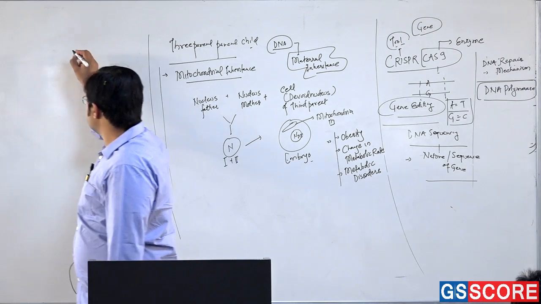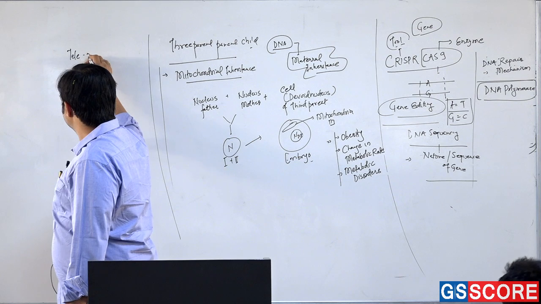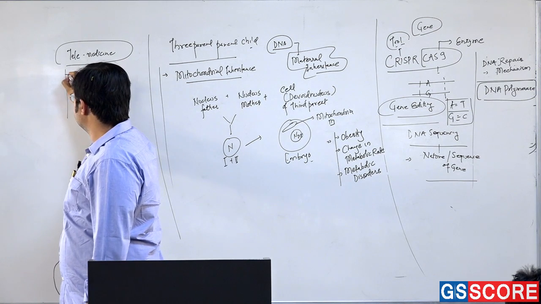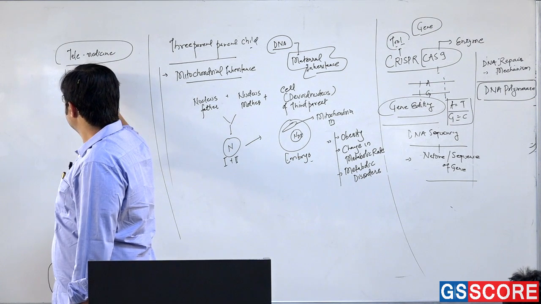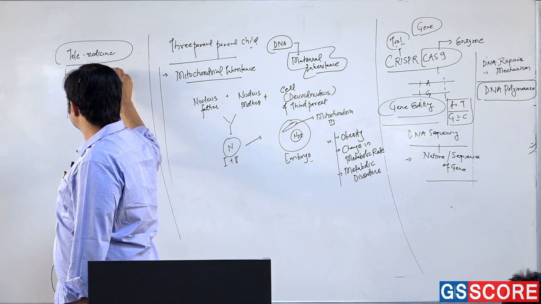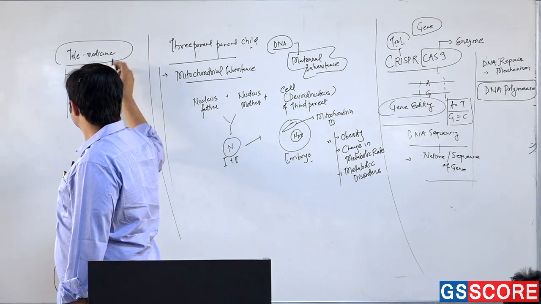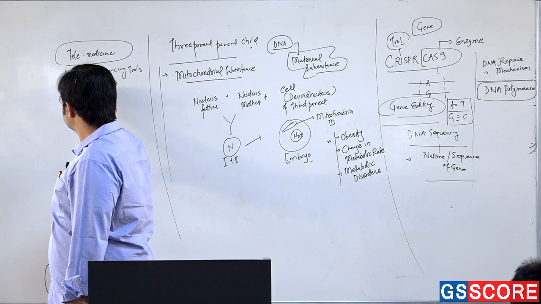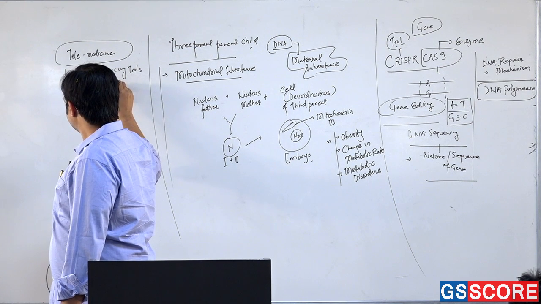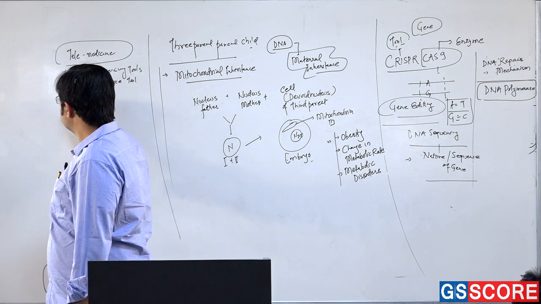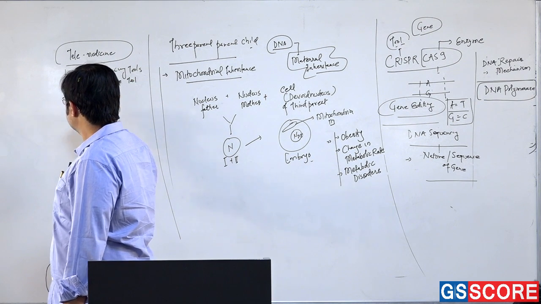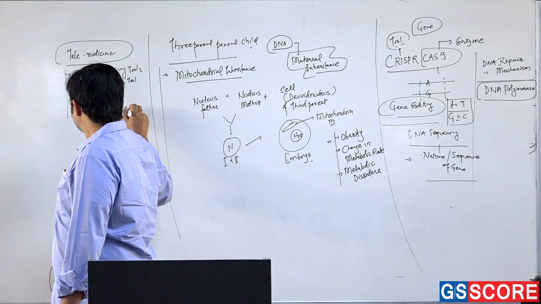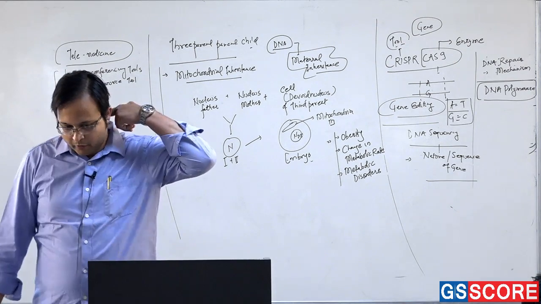Apart from this, the basic tools involved in telemedicine, which can involve, number one, video conferencing tools, a web resource tool, even IoT tools, precision robots, which can be used in robotic surgeries also.